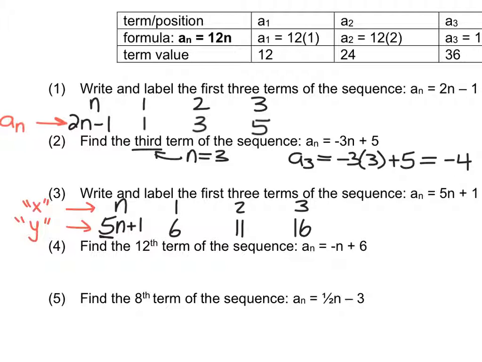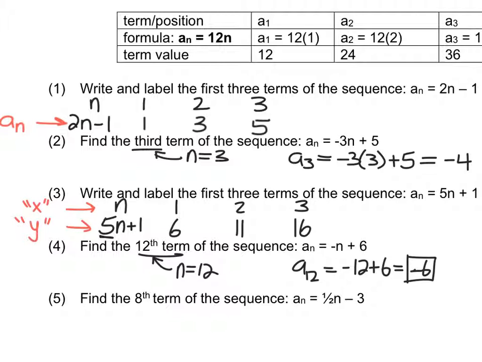All right, number 4, the 12th term of the sequence. I don't want to list out n equals 1 all the way to 12 just to figure out the 12th term. So this is a case where I have an n value. So a sub 12 would be equal to negative 12 plus 6, negative 6.